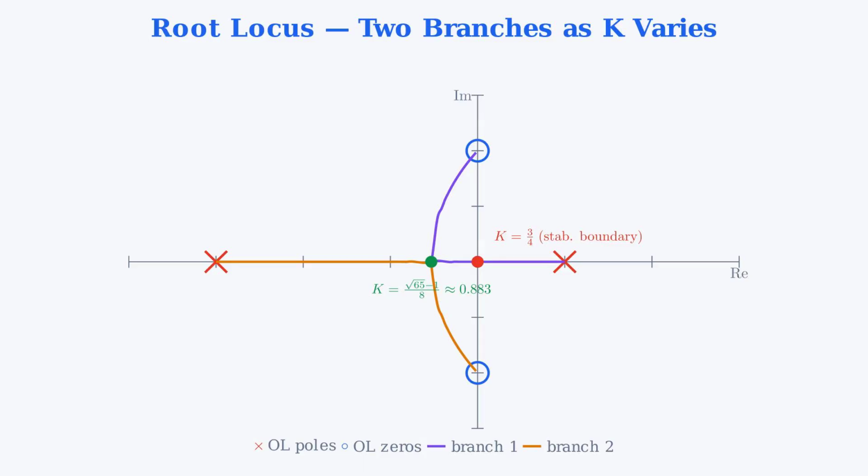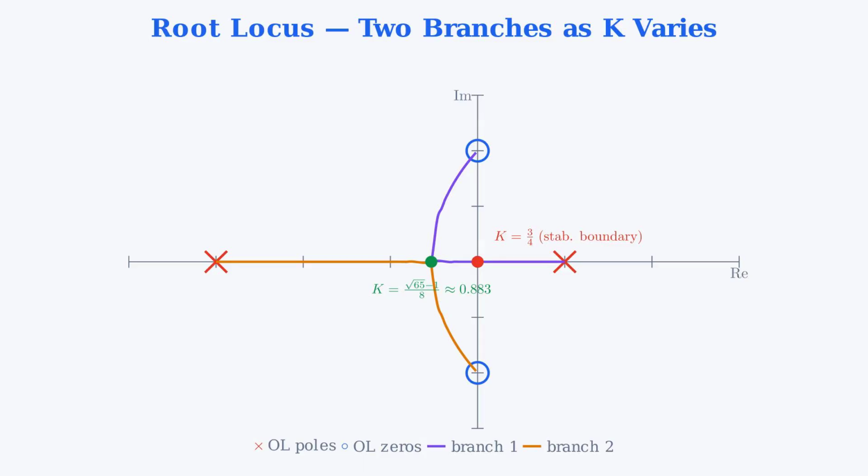The picture. 2 branches start at -3 and +1 on the real axis when k is 0. As k grows, they slide along the segment toward each other, meet, then break away into the complex plane and curve upward and downward, finally landing on the zeros at plus and minus 2j as k goes to infinity.